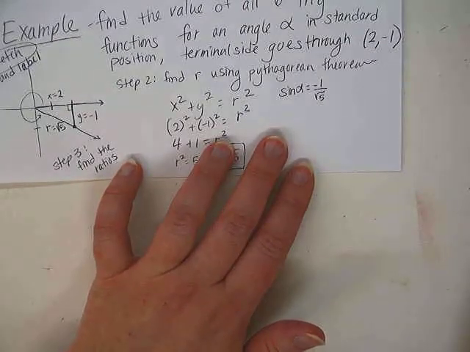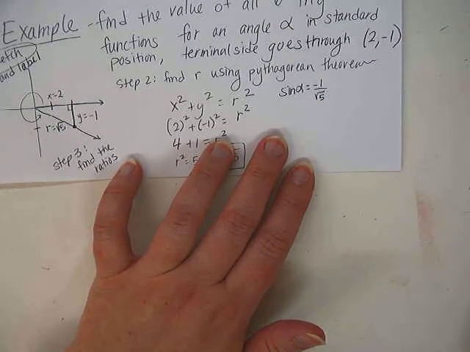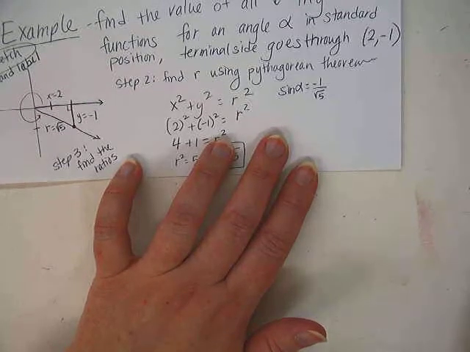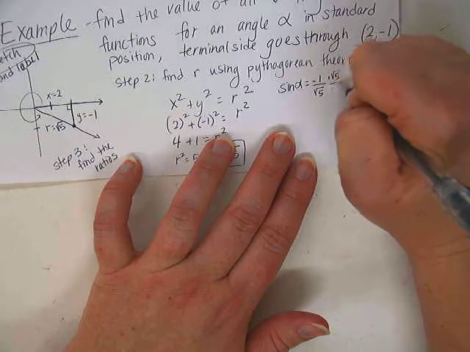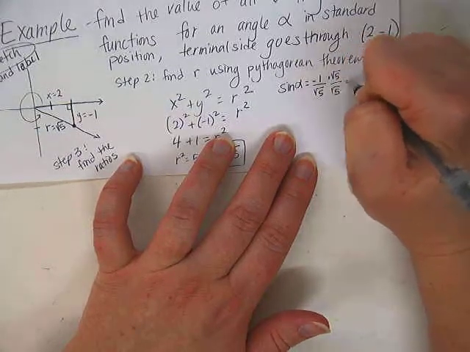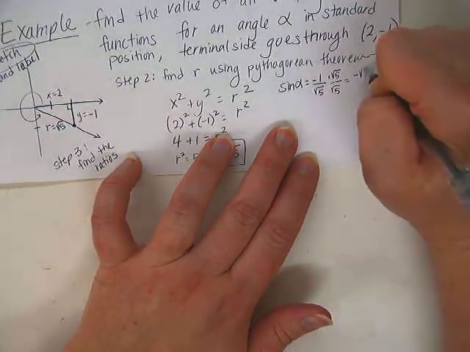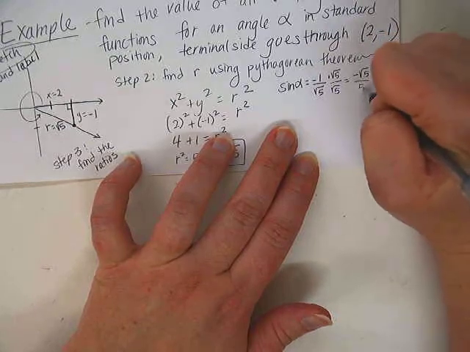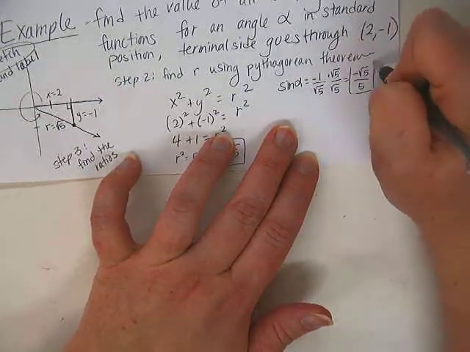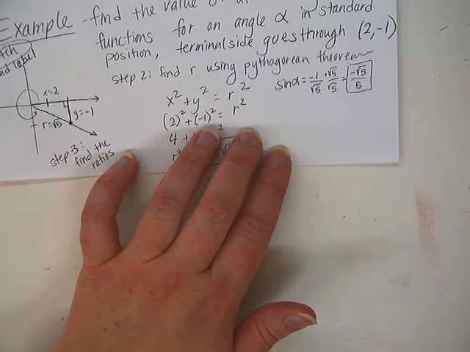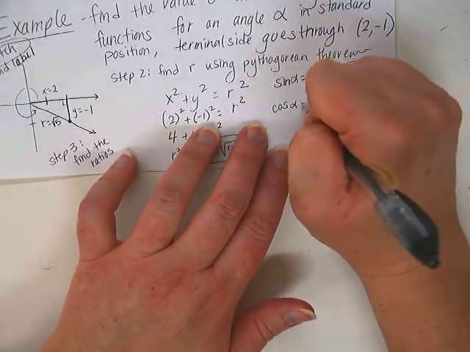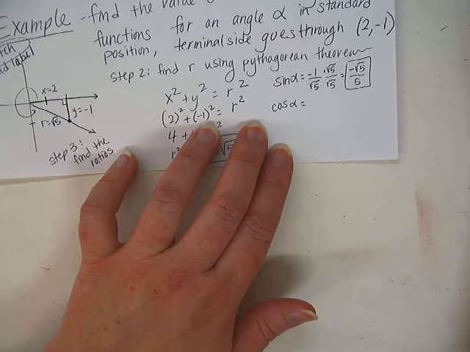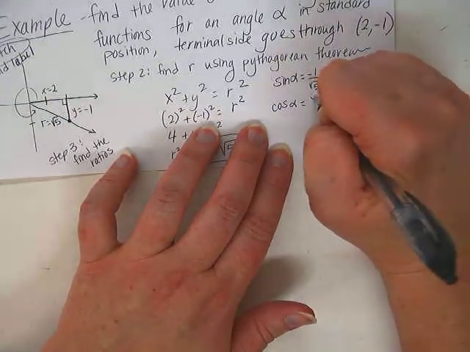So what's sine going to be? -1 over square root of 5. Now, is there a problem with that answer? Square root of 5 is in the denominator. It's improper. What do we do about it? We multiply that number on the top and the bottom, right? So that gives us negative square root of 5 over 5. So there's sine.